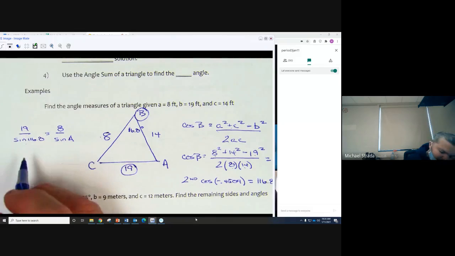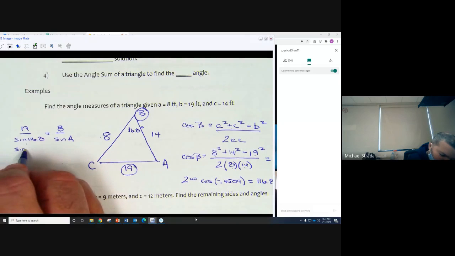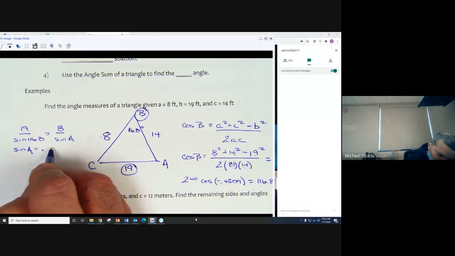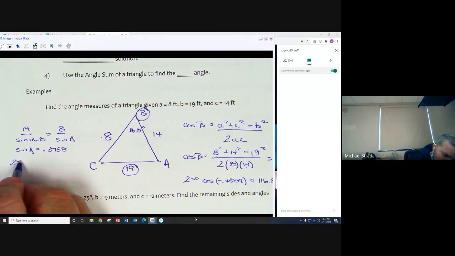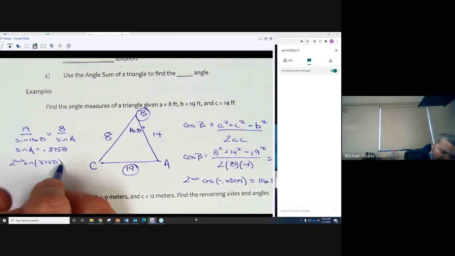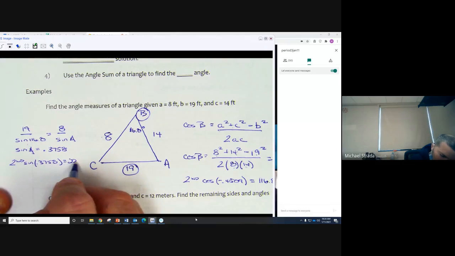I'm then going to divide that by 19, and sine of A equals 0.3758. And then I'm going to do second sine of 0.3758, and that gives me 22.1 degrees.